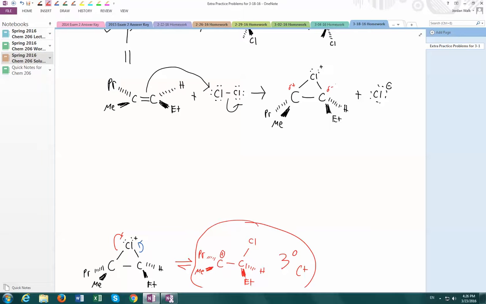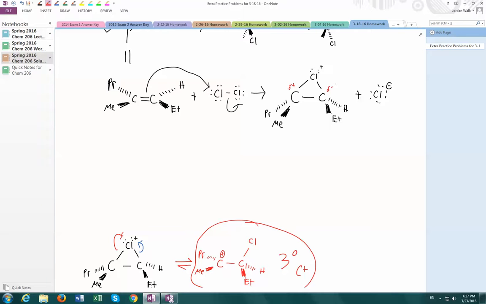Like, the chlorine adds to both carbons, right? So in the first step, it adds. And then you're gonna add the Cl minus to one of the other carbons. Right. And that's gonna bump the chlorine that's already attached away. So you're not even forming the carbocation because they're all gonna have 4 bonds.